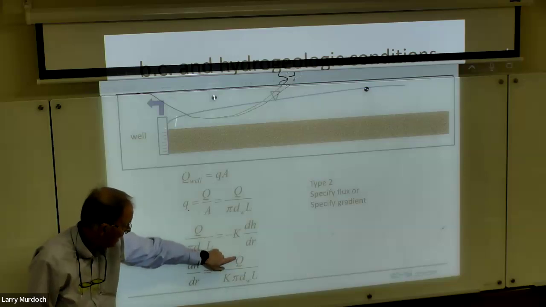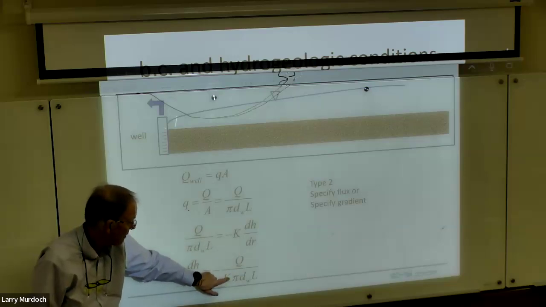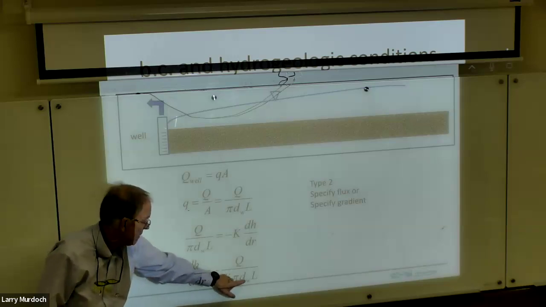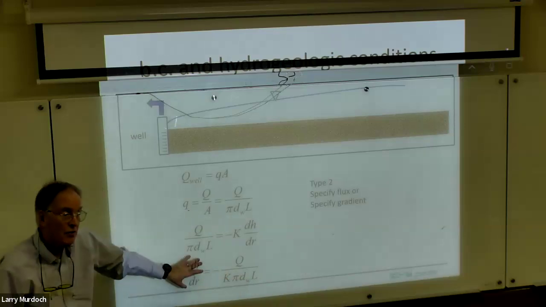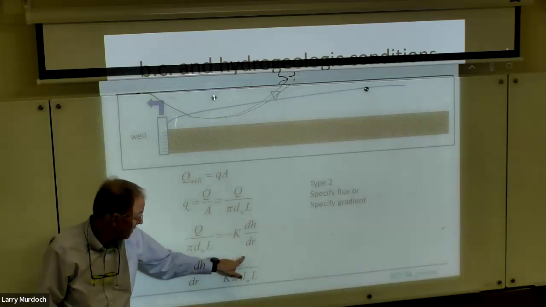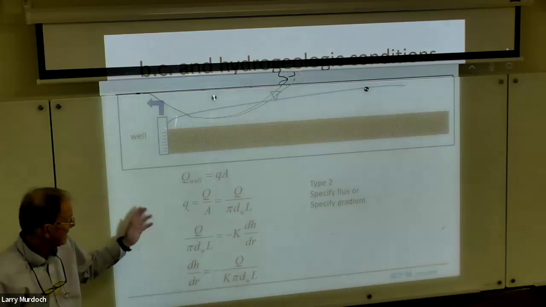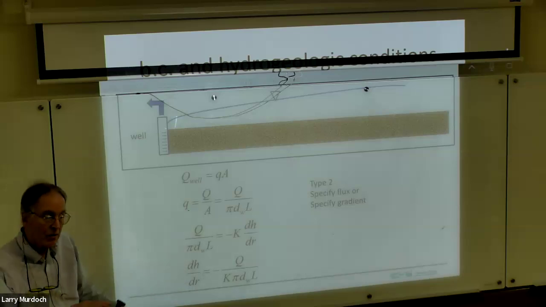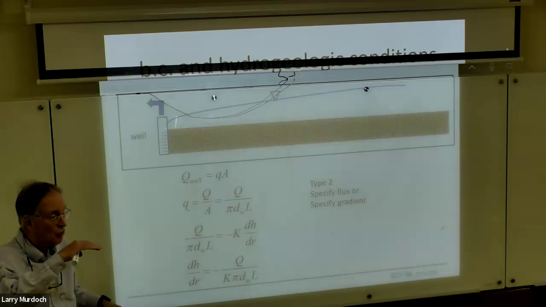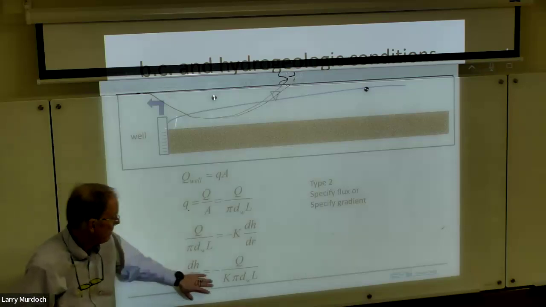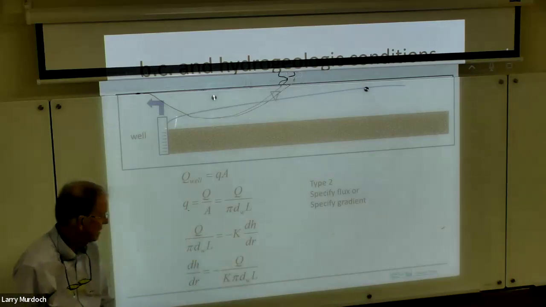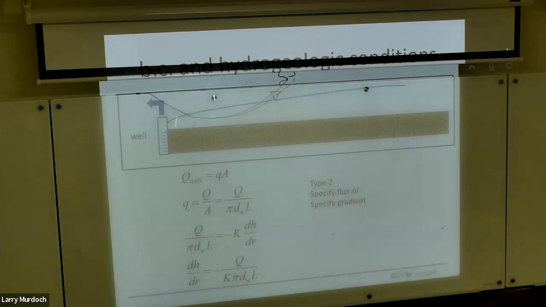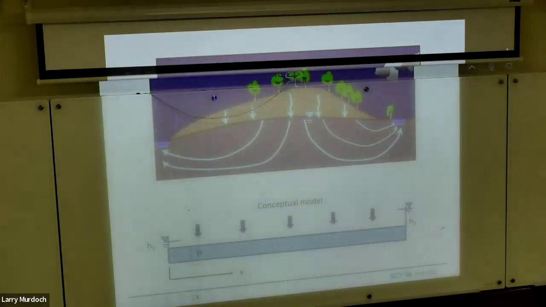Things that we would know: the conductivity, we set the model up with the flow rate of the well, the conductivity of the aquifer, these dimensions. Okay, so this is a bit more complicated. We've got these terms here, but this is an example of this type 2 boundary where the gradient is being specified based on some conditions for the model.